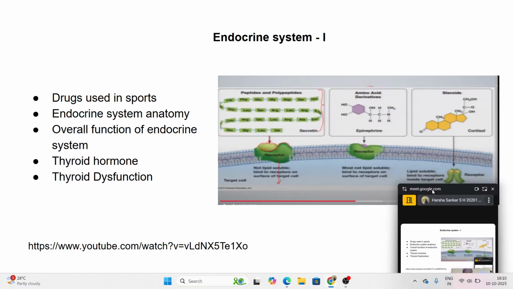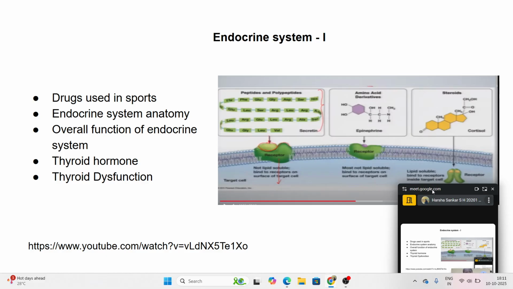We can classify them into lipid soluble and non-lipid soluble hormones. Along with the neural system and immune system, the endocrine system is also very important and has to actively participate in a lot of body activities.